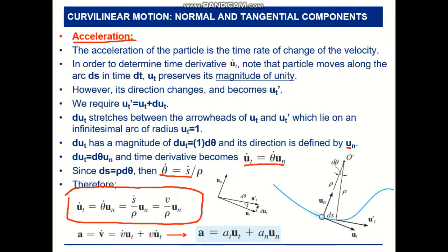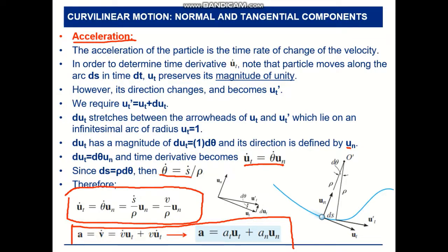S dot, we know, is the velocity magnitude. So our finalized acceleration term is v dot, the first derivative of the velocity magnitude, multiplied by the tangential unit vector, plus v multiplied by the first derivative of the tangential unit vector.